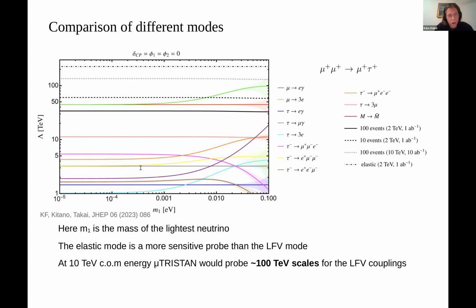All the flavor violating decays are shown here in different colors, and the most sensitive probes, like I said in the beginning, are mu to e gamma and mu to 3e. On the x-axis, we have M1, the lightest neutrino mass. As we can see, these constraints depend highly on this parameter because they have different flavor components, so they depend differently on the PMNS matrix. And this is simply the reason.